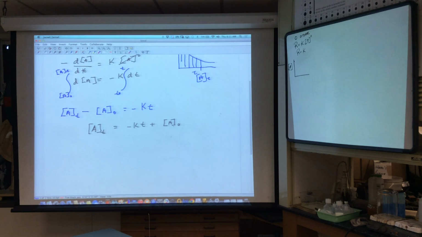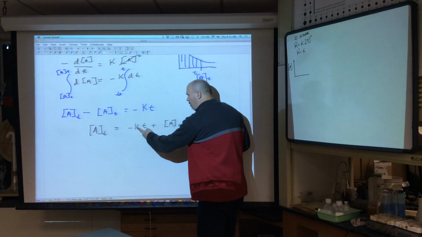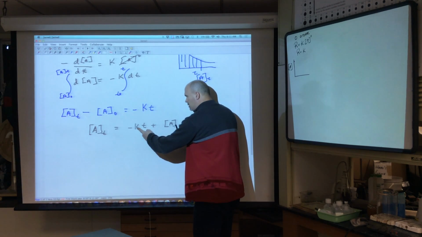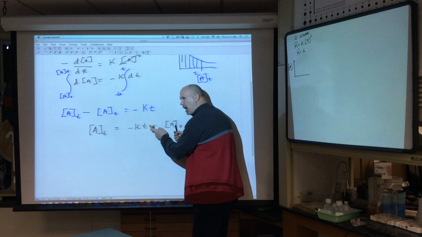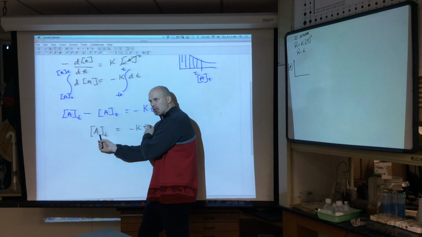So look at that, people. I have a time period, knowing the rate law constant. If I know the initial conditions after some time period, I can solve for exactly how much is left. That's what integrals do for me.